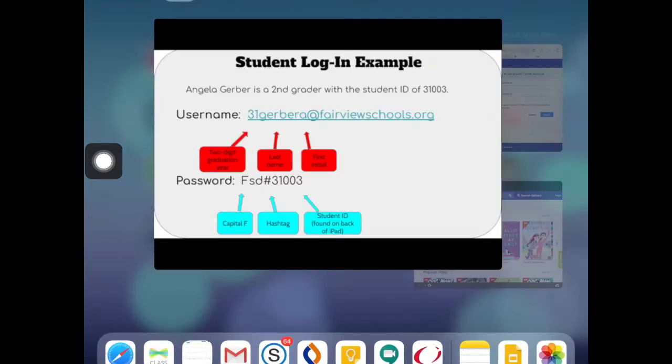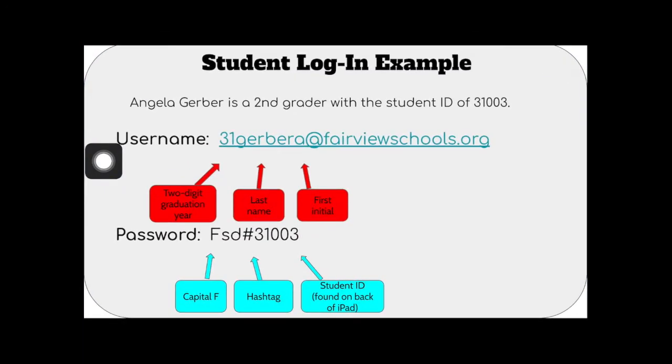And let's take a look here at our login. Remember, this Google login starts with your 2-digit graduation year. So for example, second grade, most of yours will start with a 31. Third grade would be 30, fourth grade 29, as long as you didn't repeat a year.